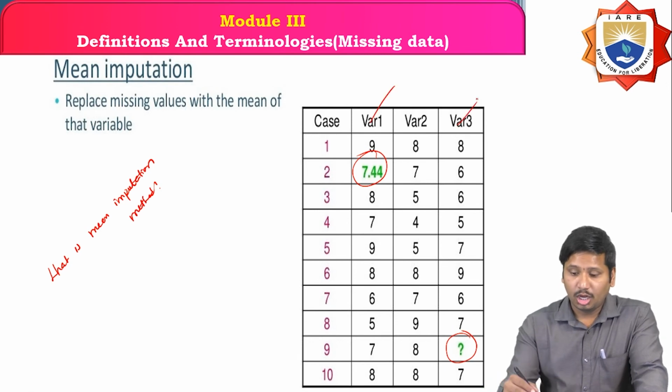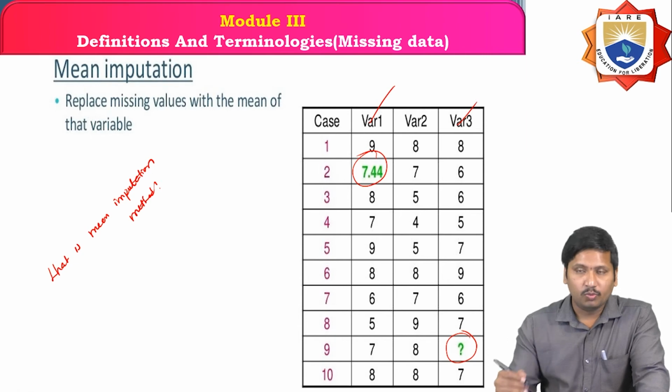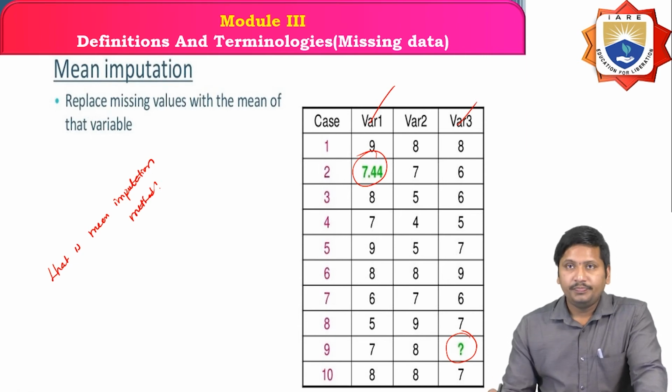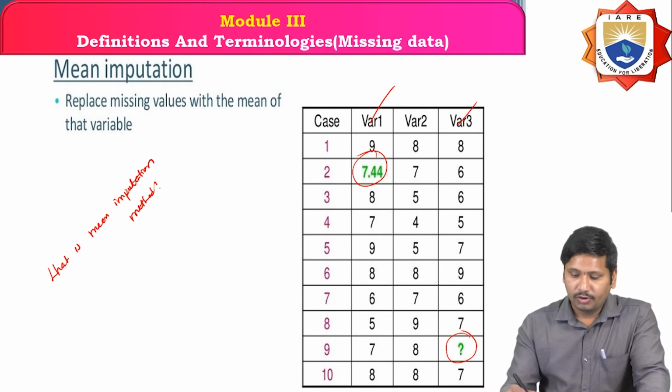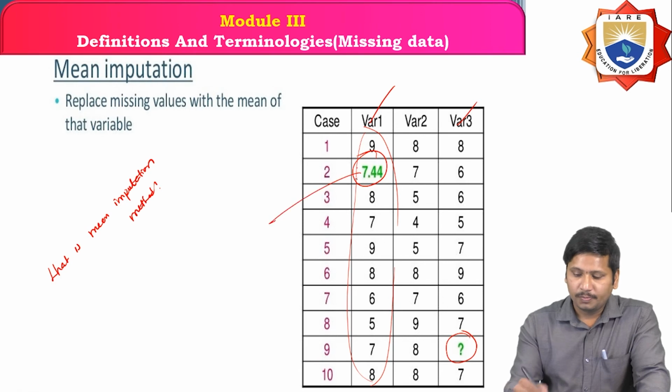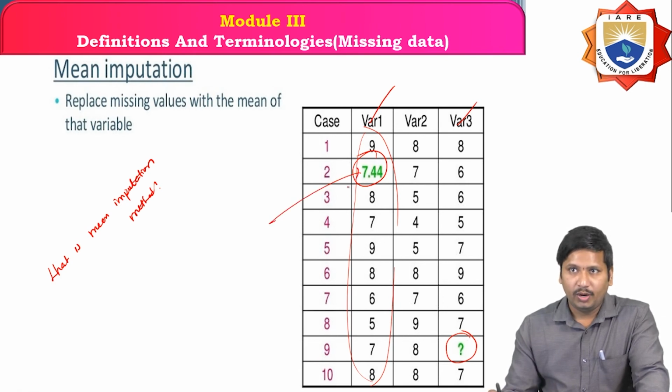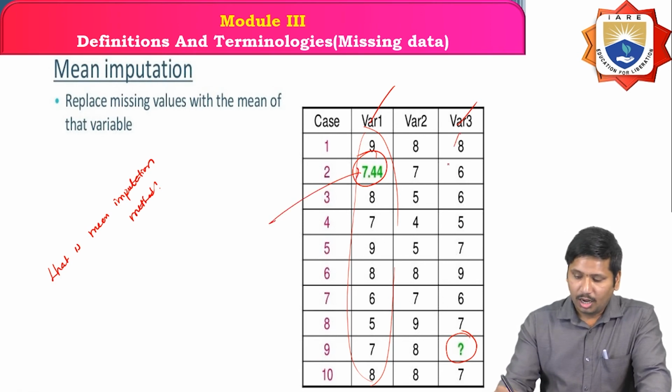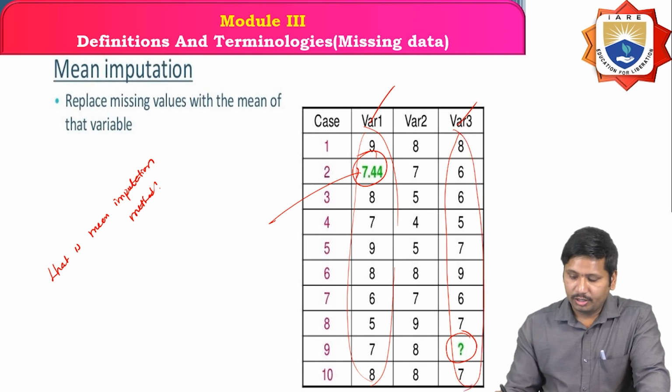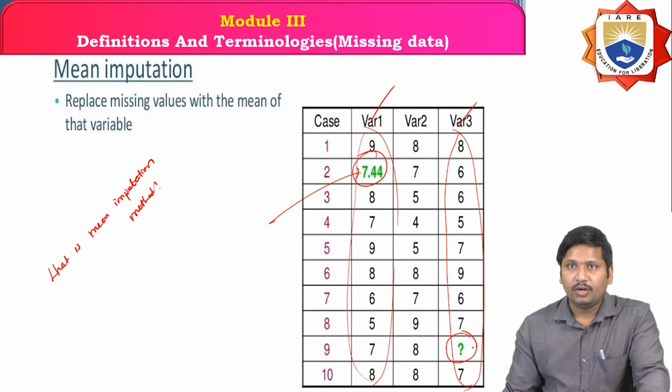How can we fill these values? The method is mean imputation. I have to calculate the mean of the variable, and whatever mean value I get, I fill the missing value with it. Similarly, I calculate the mean for each variable and fill in the missing values. That is the mean imputation method.